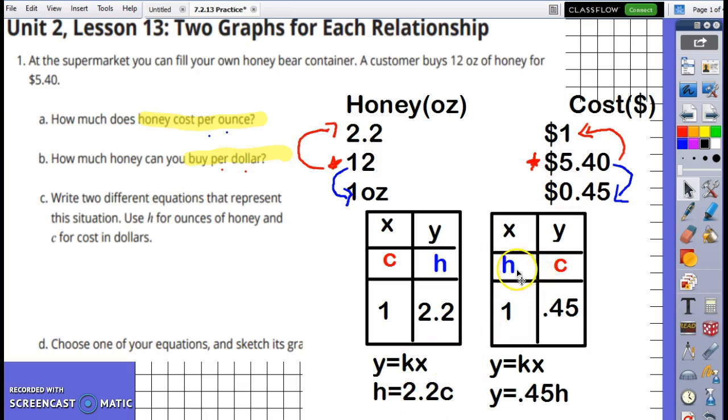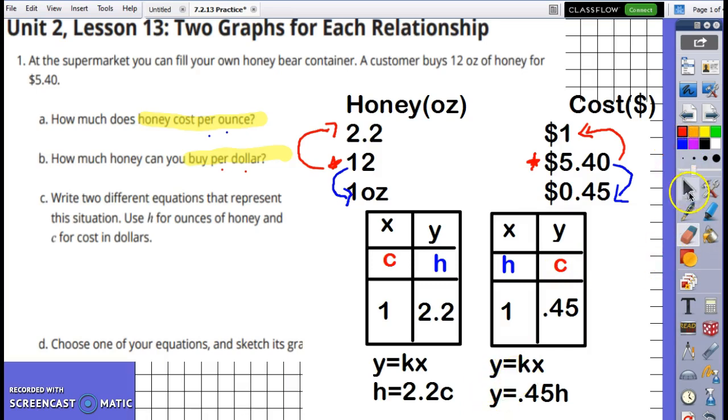Here we just changed. Now we have 1 ounce of honey for 45 cents. Again, y is equal to k times x. Oh, I noticed I made a mistake there, and this should be my cost. Sorry about that. My cost, I'll put that in red since the rest of it's in red as well.